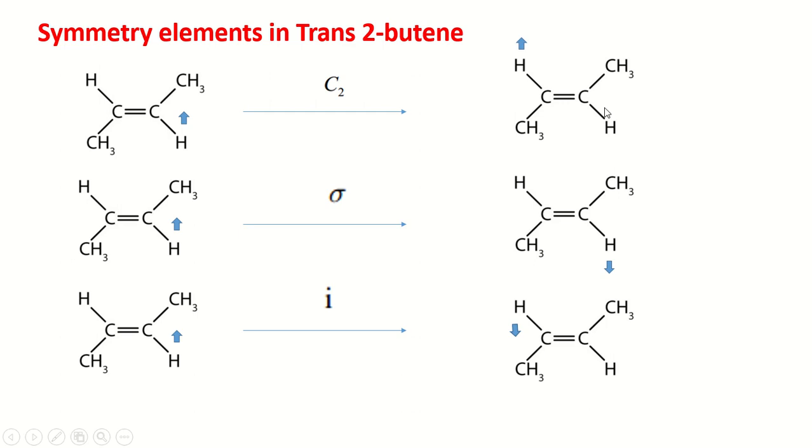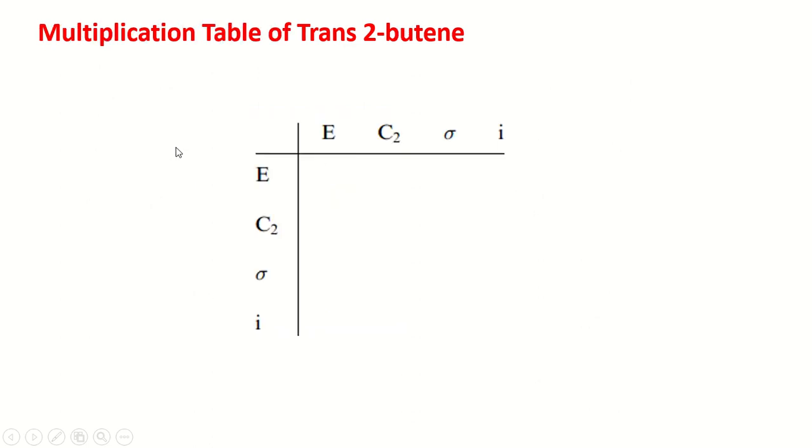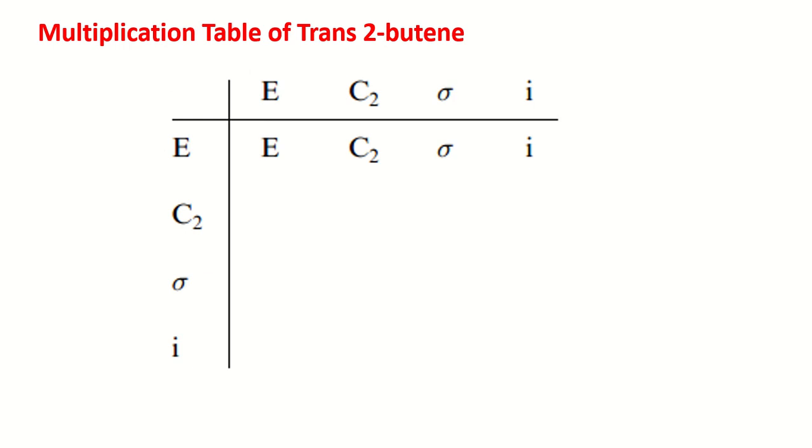So this hydrogen atom occupies the place over here, with the upward headed arrow. If we get a structure like this, then we can say this is the identity, which we have already written as a reference. So here we write identity, because if we apply C2 two times to trans-2-butene, the result would be the reference one, which is identity. So this is quite tricky.